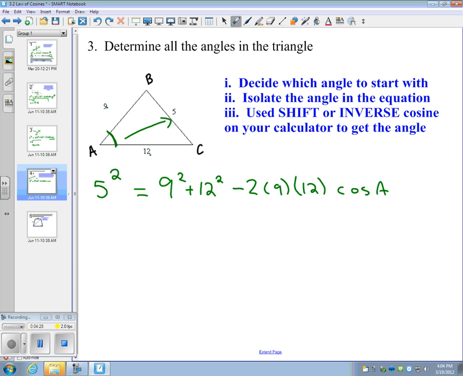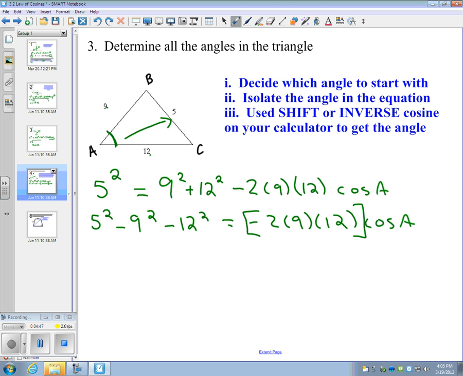So I go 5 squared minus 9 squared minus 12 squared is equal to negative 2 times 9 times 12 times the cosine of A. I'm going to divide both sides by this, so I get cos A by itself.